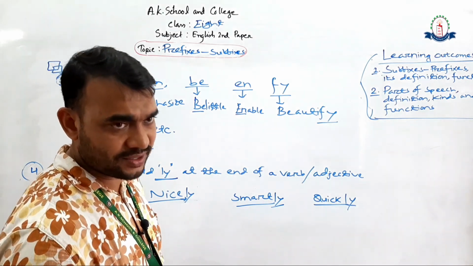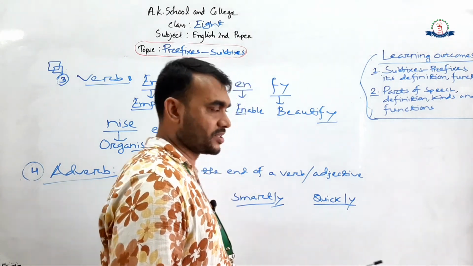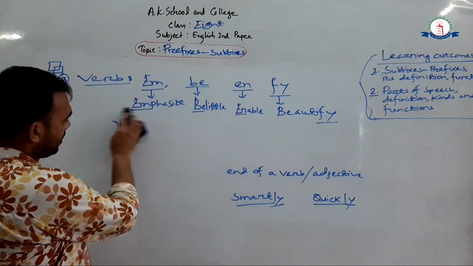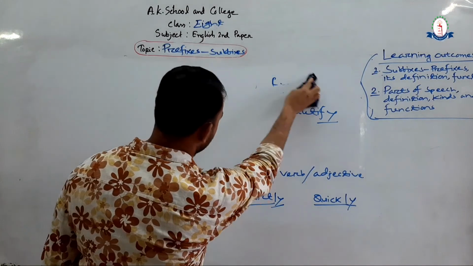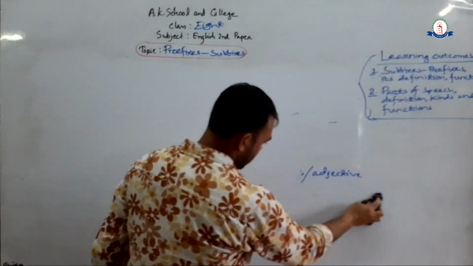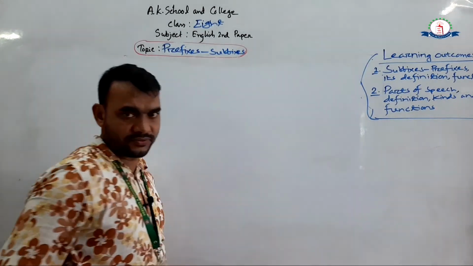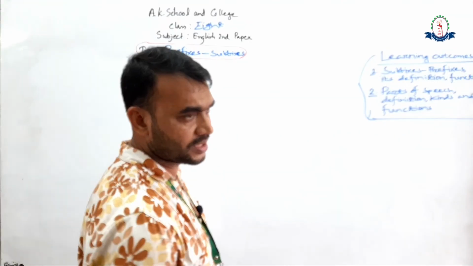Okay, now I will take some examples and you will tell what it is. Is it a prefix or suffix, or is it a noun or verb or adverb or adjective? Okay, I will take a single word and make the other three from it. That is, if I take a word, you will make the other three, that is noun, verb, adverb and adjective.